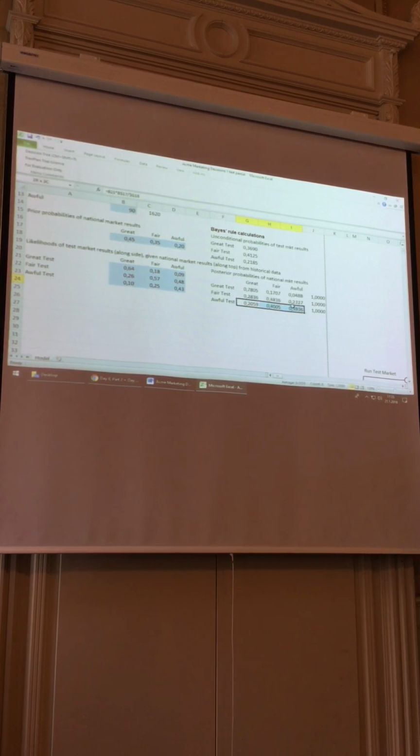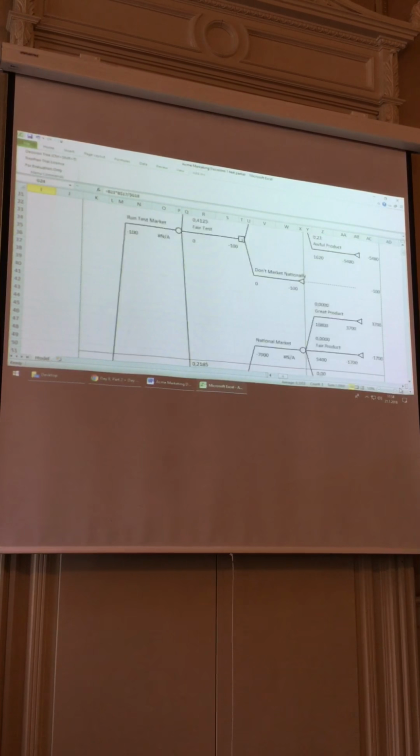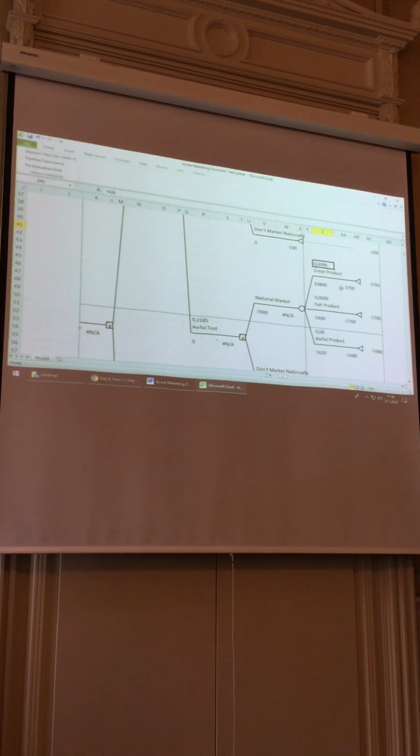It looks like it's on the probabilities for the awful test. The posterior is on row 24. So let me put those in. So it's G24, H20 equals G24, equals G24, equals H24 and equals I24, equals I24.